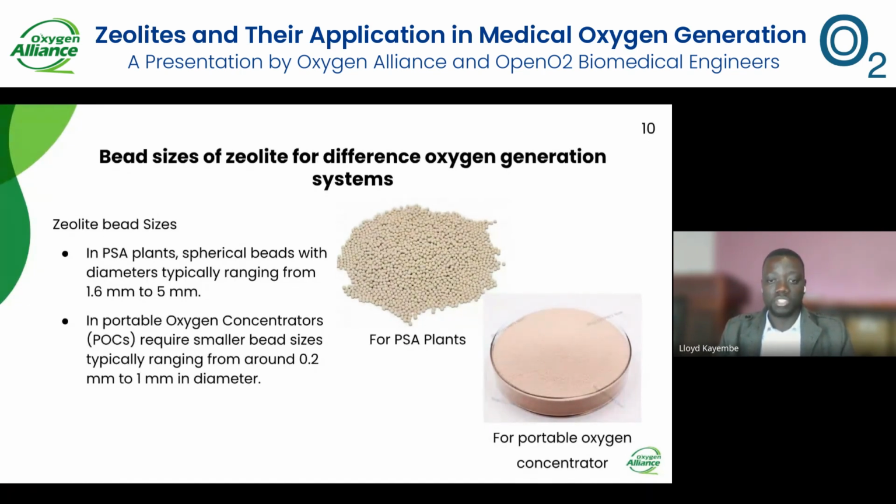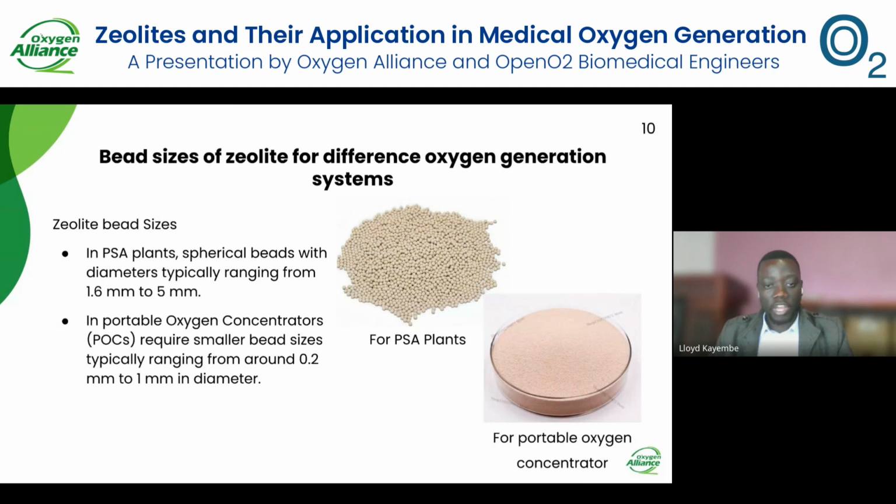The first consideration is the gas flow dynamics. PSA plants often have larger PSA vessels or sieve beds, so having beads with smaller diameters can impact the flow dynamics of gas through the adsorption bed. This impacts the adsorption rates. Another consideration is the surface area provided.